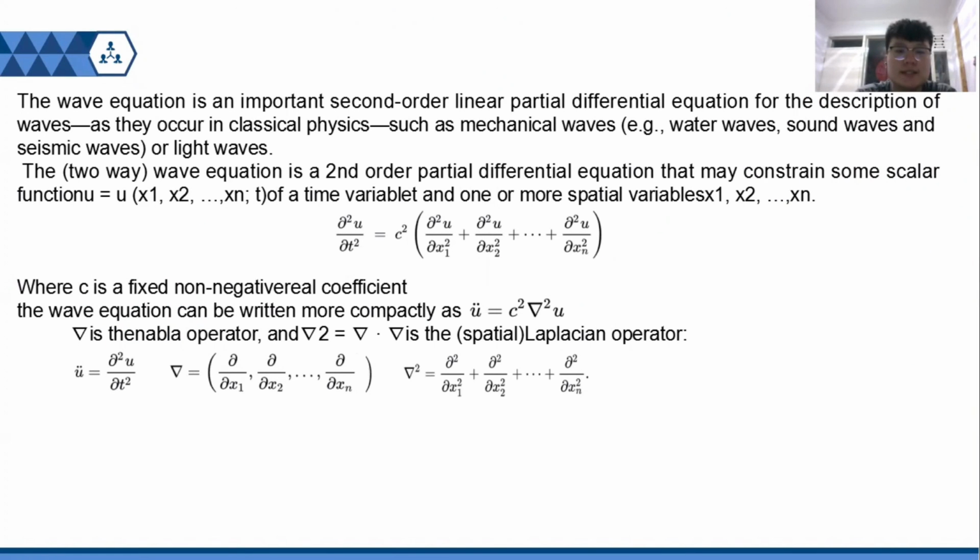The wave equation is a second-order partial differential equation. It can be written like this, where c is a fixed non-negative coefficient, and this is the nabla operator, and in this form the equation can be rewritten like this.